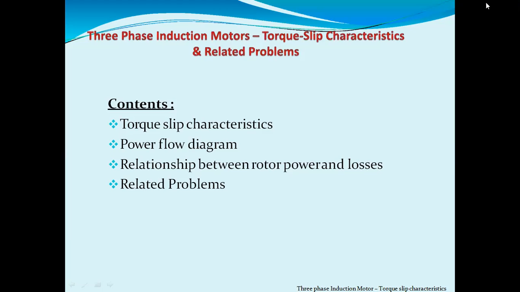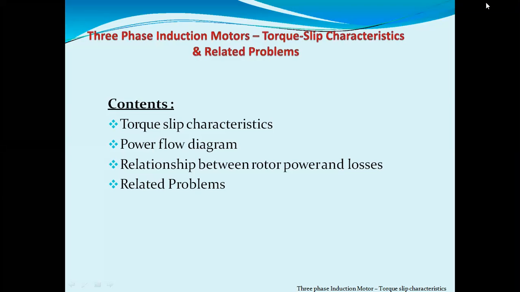Then we have seen the torque equation. We get torque equal to S into E2 square, where E2 is the voltage of the rotor, 2 being for rotor, into R2, the resistance of rotor, upon R2 square plus S into X2 square.